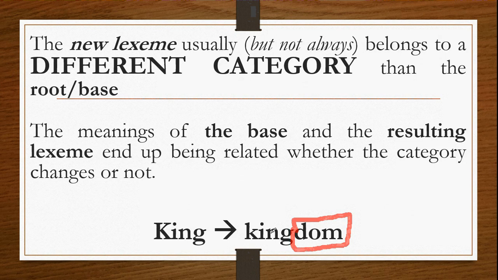King and kingdom are nouns. Even though they are both nouns, they are different lexemes, and the meanings of these two words end up being related. They are related, but they are not the same lexeme, which is the important thing. The important thing is that they are not the same lexeme.